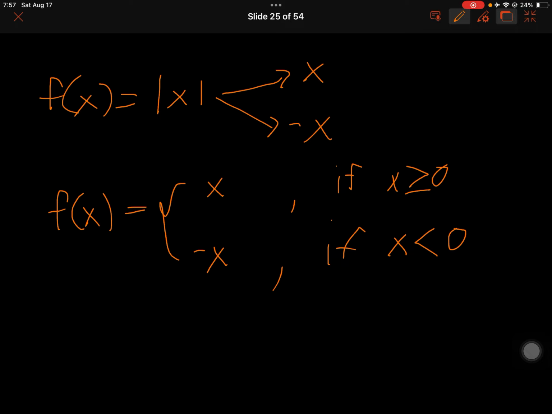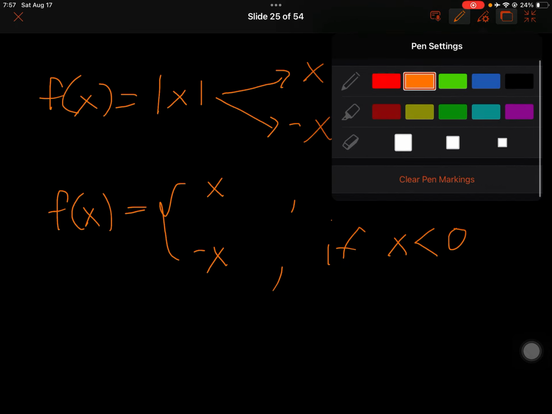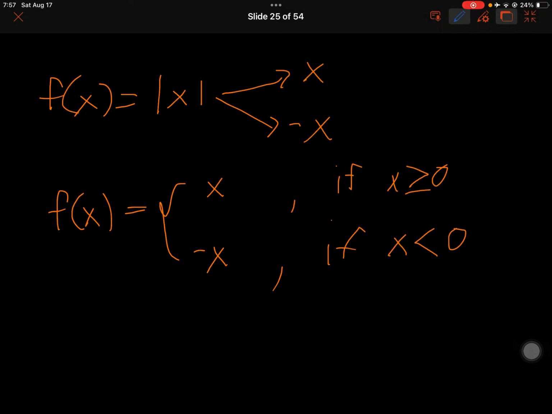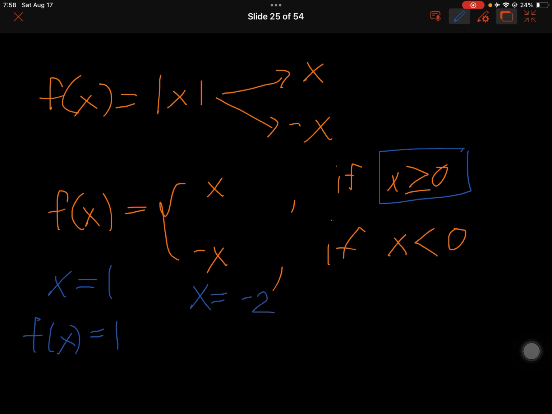Okay, let's try to evaluate if this actually coincides with the absolute value function. So for example, I have here x is equal to 1. So this falls under this domain. Our f of x is equal to 1. But if, for example, I have x is equal to -2, it falls under this domain, x is less than 0.